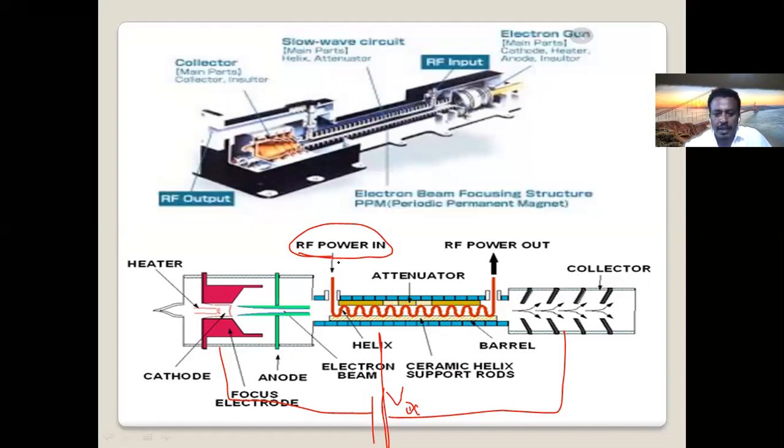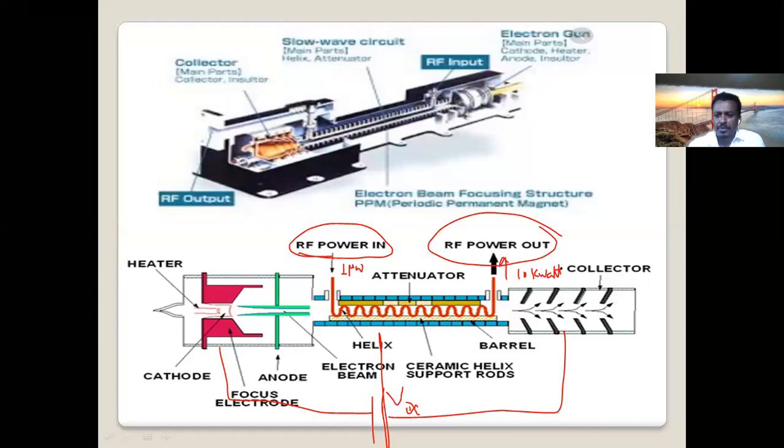The RF power comes here, passes through this helix structure, and you will get the amplified output here, as we have seen in the video. Now, if you apply here 1 microwatt RF power, it may be amplified to 10 kilowatts. You can see how much the power is amplified, right? More than a million times the signal is amplified by this TWT.